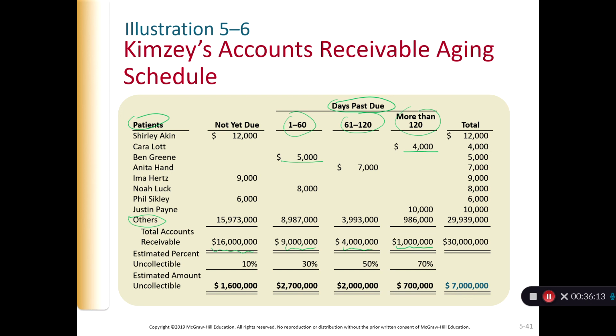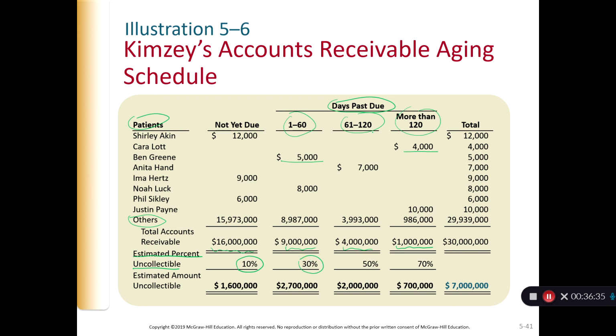At the same time, we want to apply estimated percentages of uncollectibles. For not yet due accounts receivable, we estimated only 10% might not be collectible. For the ones between 1 day and 60 days due, we estimated 30% might not be collectible.